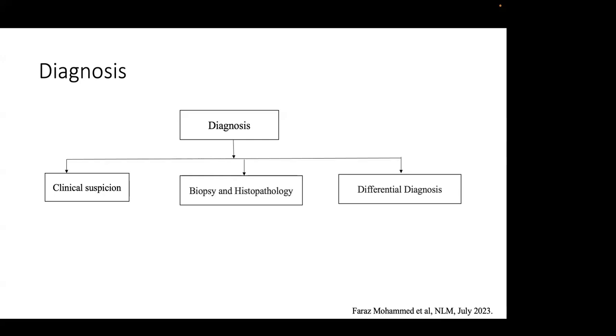If you see this patch, then there should be a raised suspicion for leukoplakia. Then the definitive diagnosis will require biopsy and histopathology, wherein the histopathologic features will include hyperkeratosis. There can also be parakeratosis, and along with that, some cells showing atrophy with patches of inflammation, and hyperplasia without dysplasia.